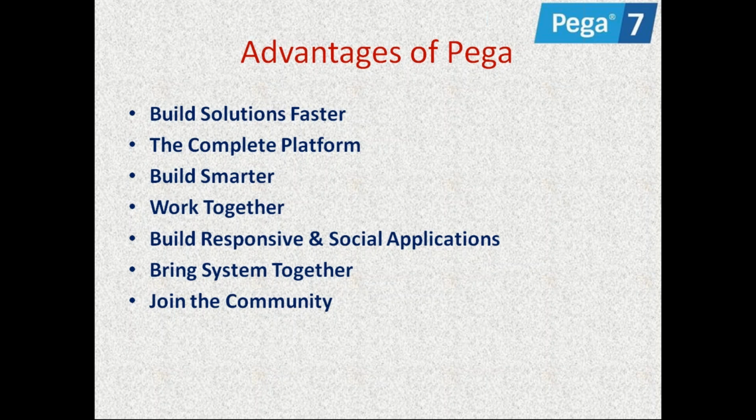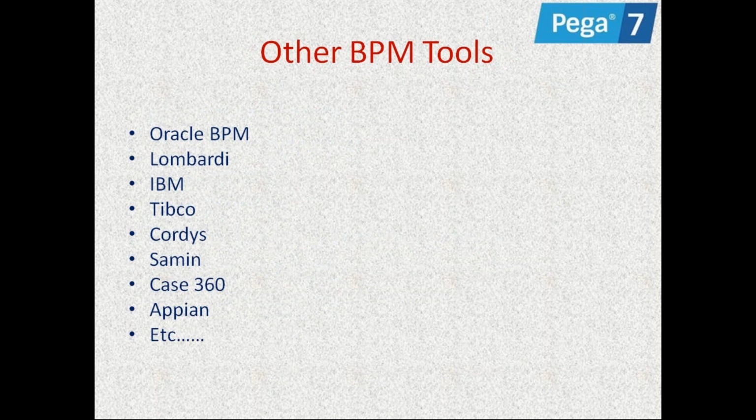There are also many forums and communities, and a 24/7 support team from Pegasystems. If we have any issues and post them, we'll get a reply. So as a developer, the task will be very easy in Pega applications.